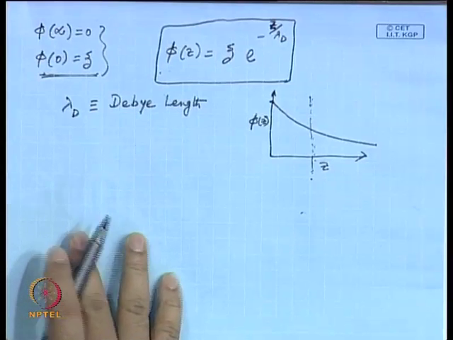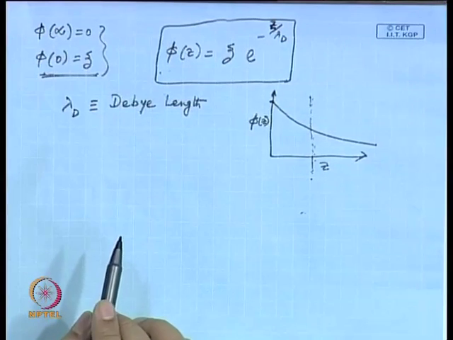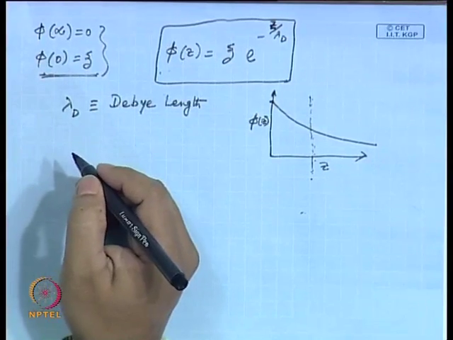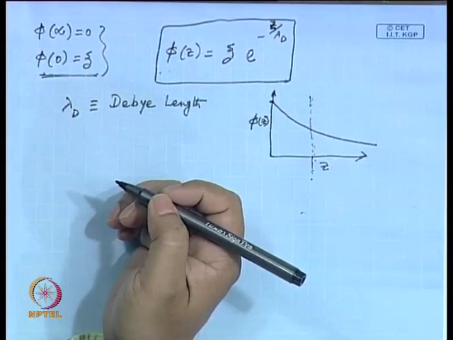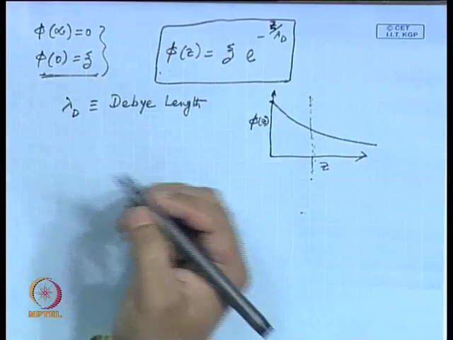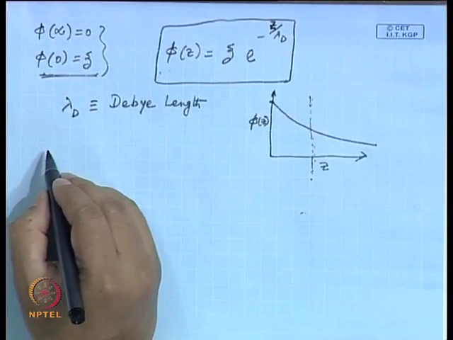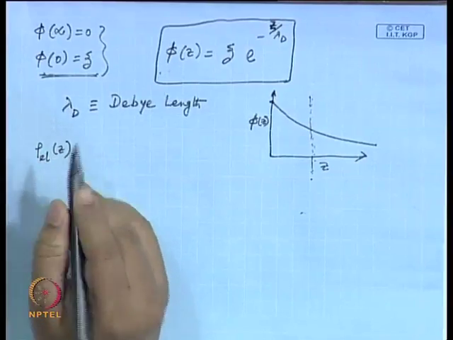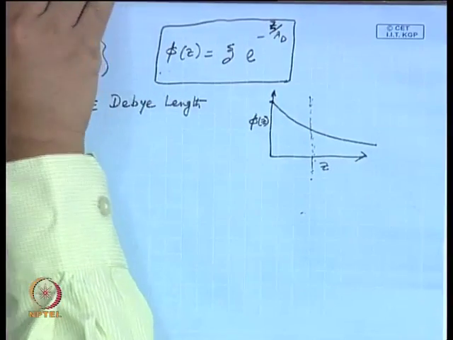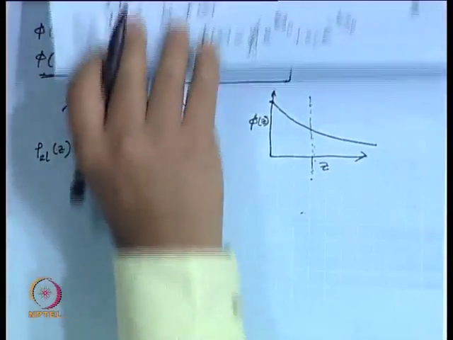All right. So, this is the expression, and then you have rho EL z. In that case, what is rho EL z? We had talked about it. What is that?